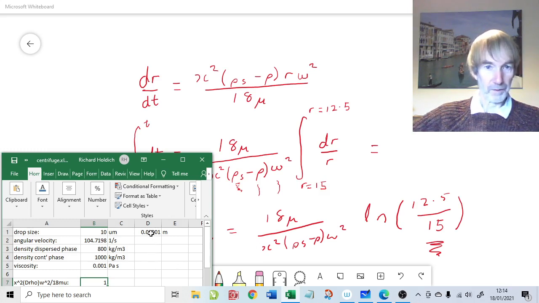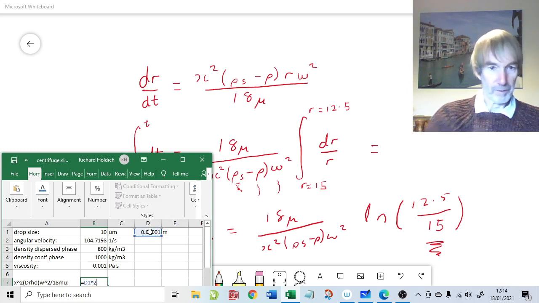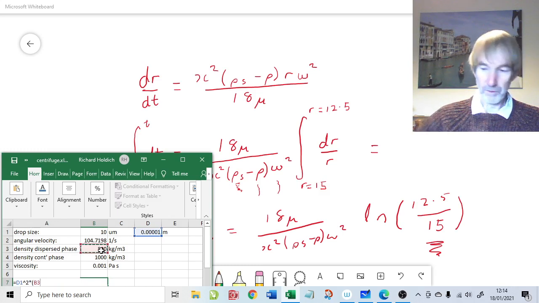So we need x squared, so we want to change that to equals the diameter squared times by the density difference, so we need brackets, the density of the dispersed phase, which is 800, minus the density of the continuous phase, which is 1000, close the brackets, then times by the angular velocity squared.